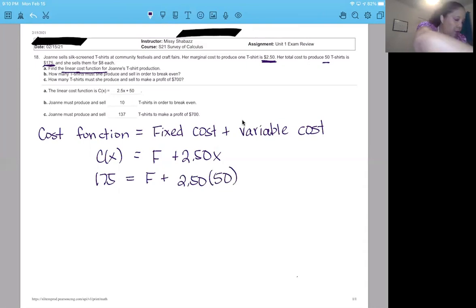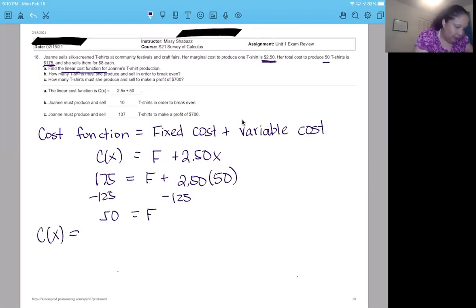All right, so 250 times 50 is 125. So 175 minus 125 is going to be 50. So my fixed cost is 50. So now I can write my cost function is 50 plus 2.5x.